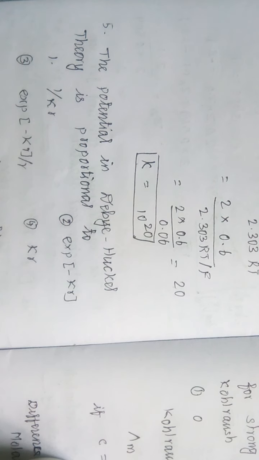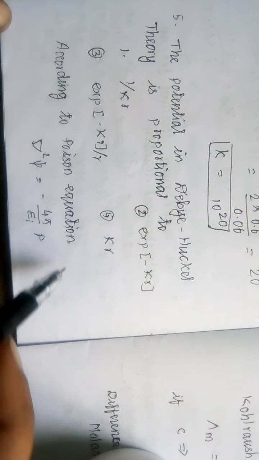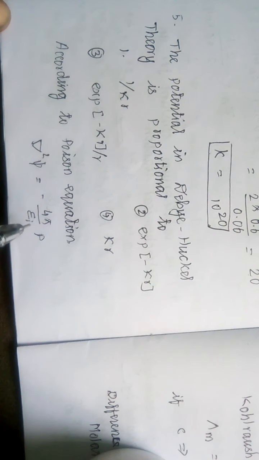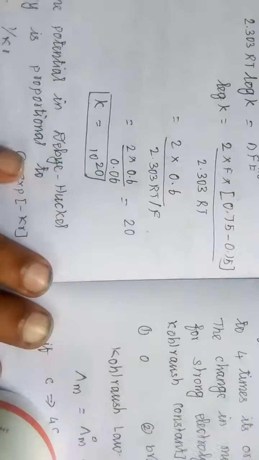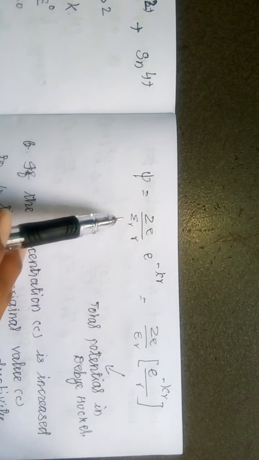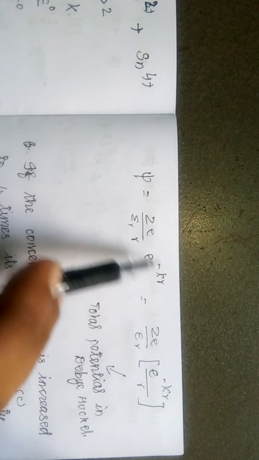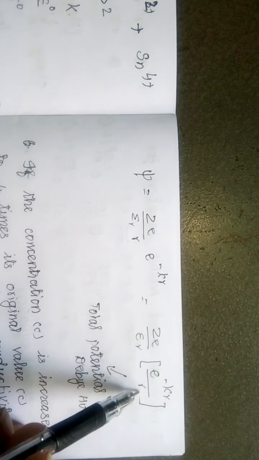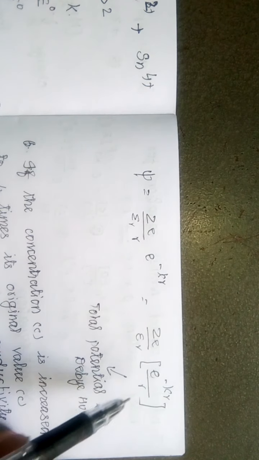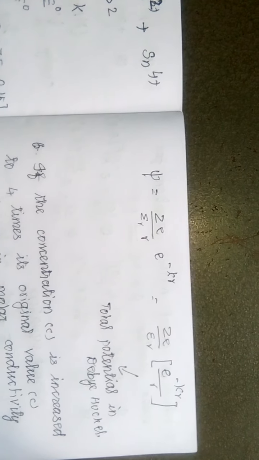According to the Poisson equation, del square psi is equal to minus 4 pi rho by epsilon, where rho is the charge density. When you rearrange this, psi is equal to Ze by epsilon r times e power minus kappa r. So e power minus kappa r by r is the total potential in the Debye-Huckel equation. This is given in the book directly.